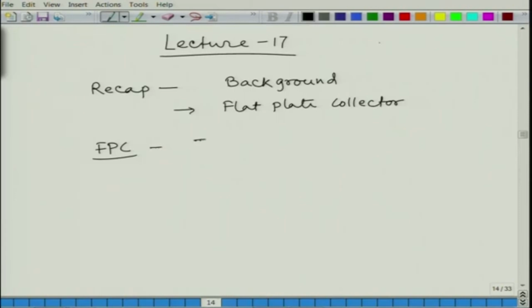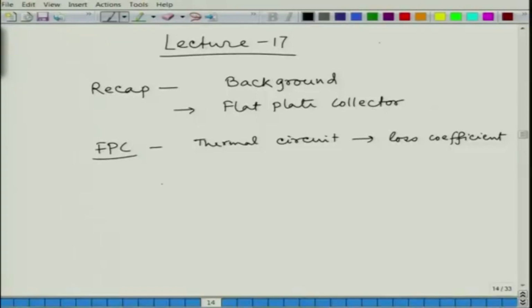So, the thermal circuit to get the loss coefficient. Please look back at the previous notes, because many of the symbols I am going to use will be the same as I used in the last class.